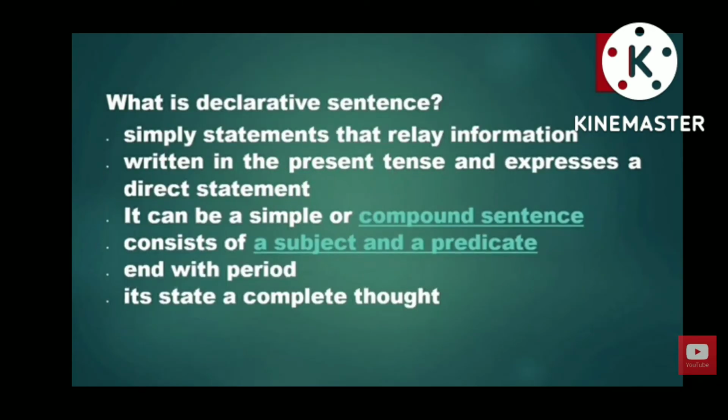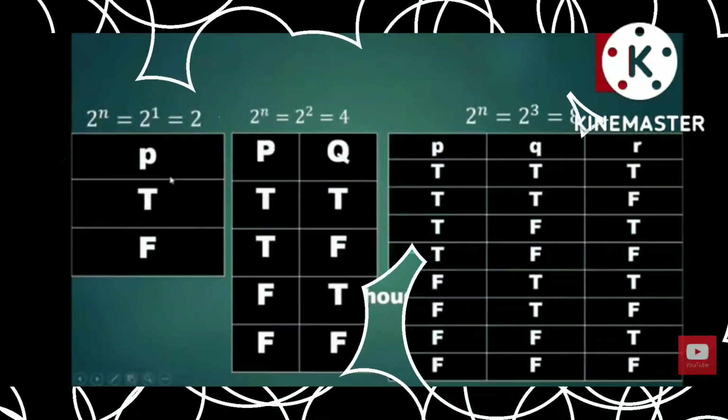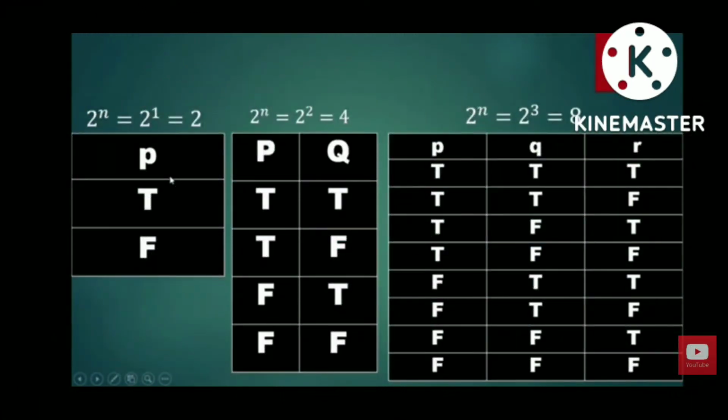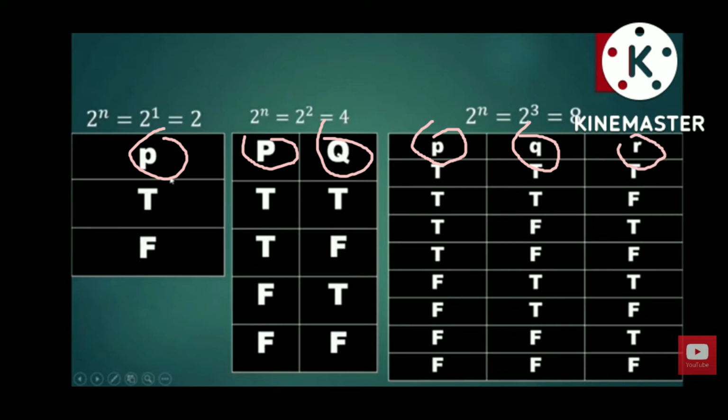A declarative sentence can be a simple or compound sentence, consisting of a subject and predicate, and ending with a period. In truth tables and tautologies, we have P with true and false, or P, Q, and R.